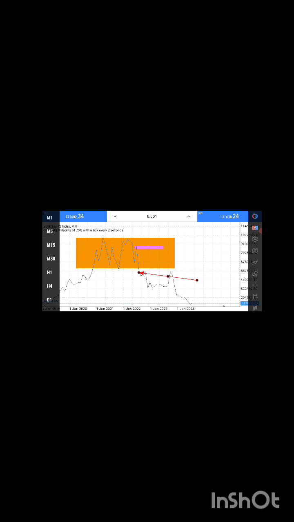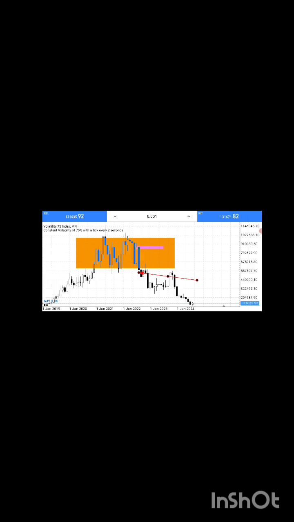What I need is to test the strength of this output, this initial output. It's very important. So what I need to do is to go to the candlestick domain.